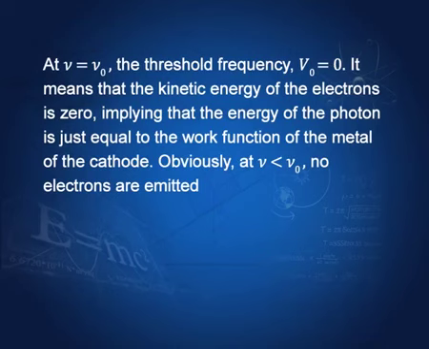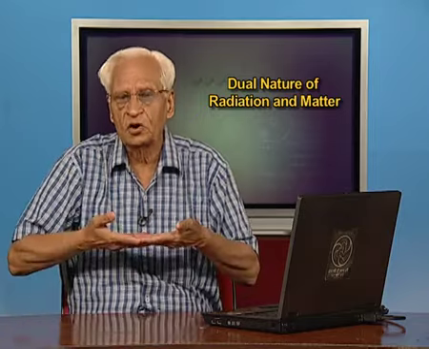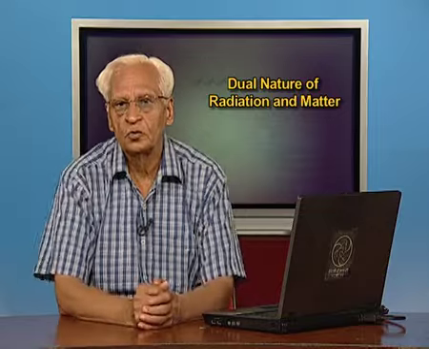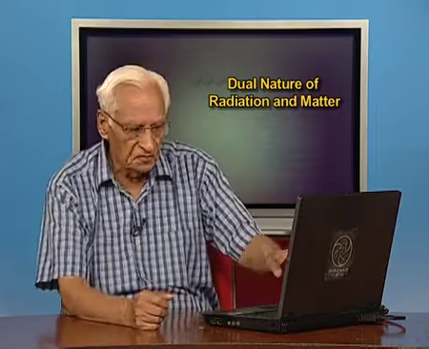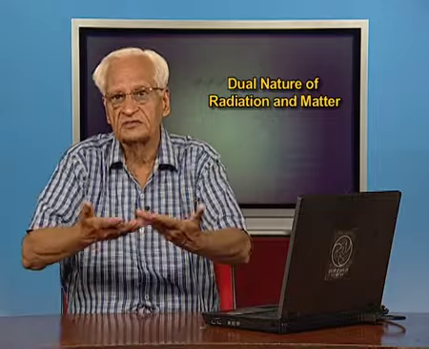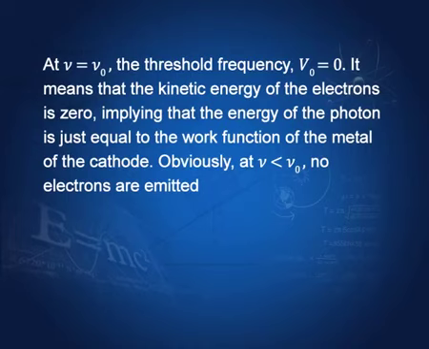This means this is the minimum, this is the threshold frequency, and this gives just sufficient energy for the electrons to come out to the surface and not be able to go to the anode. If the frequency increases from this point onwards, then of course, it also gives kinetic energy to the photoelectrons and they can reach the anode. So, that is the relationship between V0 and nu. So, as long as nu is less than nu 0, no photoelectrons are emitted.